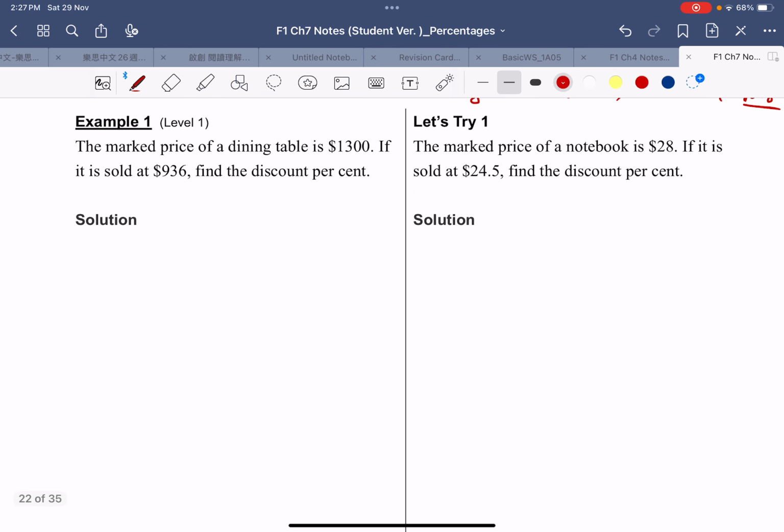Okay, so let's look at example 1. You calculate the discount of the dining table. Discount will be the market price, you marked the table at this amount, minus the selling price, and this will be your discount.